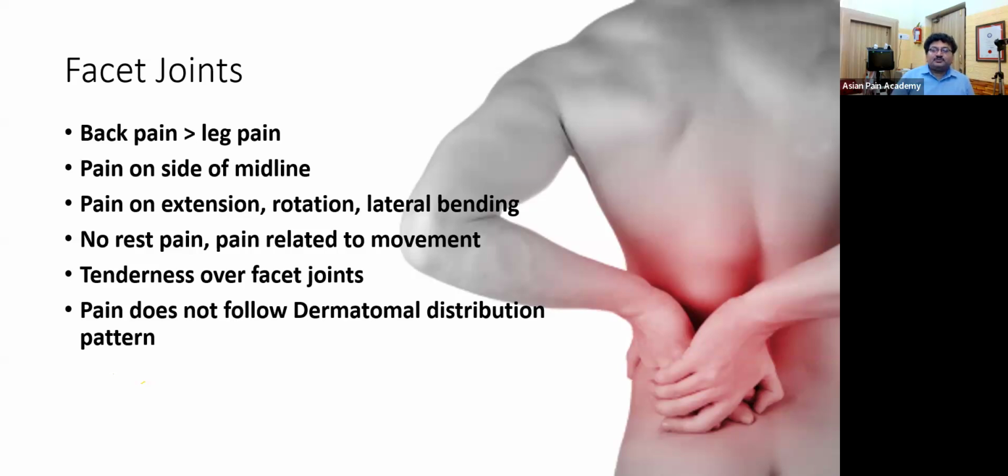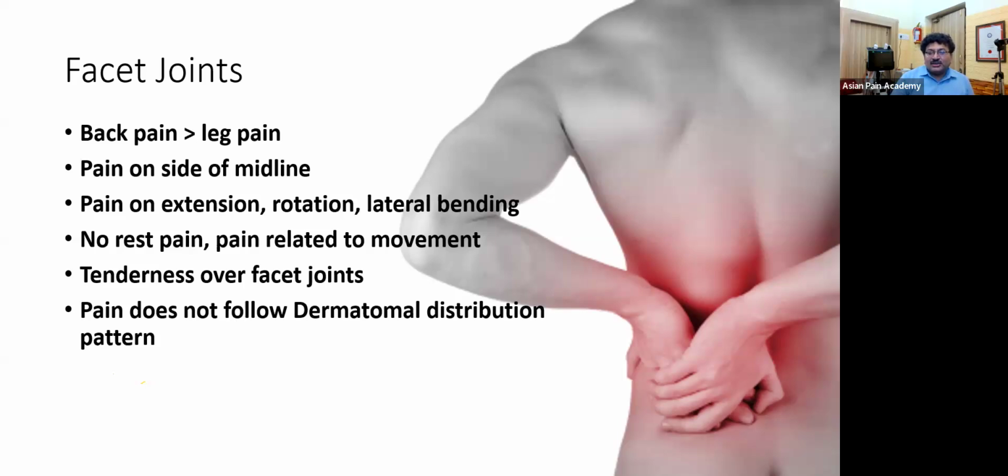But even then, the location is just by the side of the lamina, so it should be 1 to 1.5 centimeters. Usually after that, the muscle starts. Definitely some muscles are there in the midline as well. But just by the side of the midline, the pain will be there.